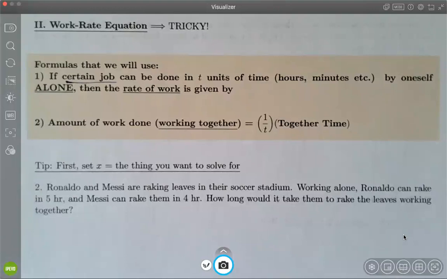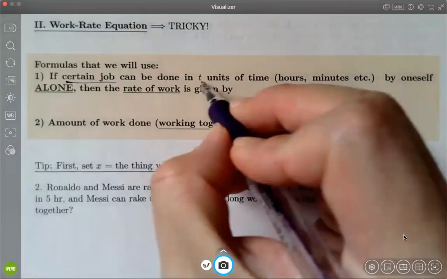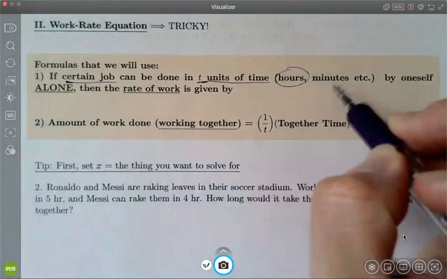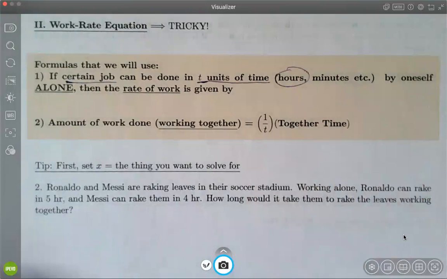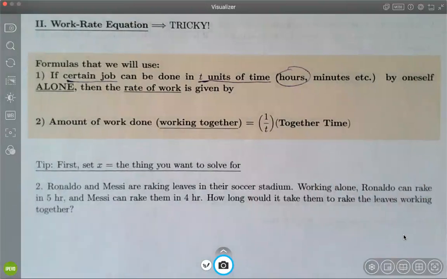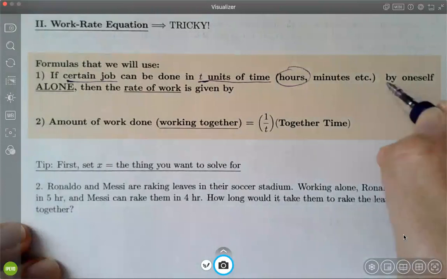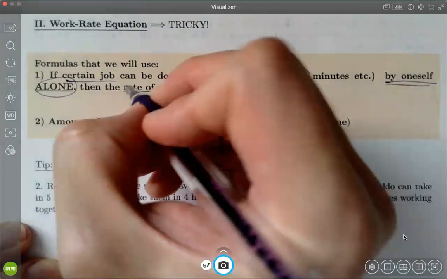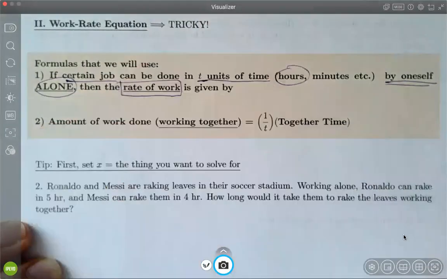Now, if a certain job can be done in t units of time, okay, so here there can be many units of time, but we will focus mainly on hours, okay, but it could be like minutes or days and so on. By one person alone, okay, then the rate of work, so here rate means what?